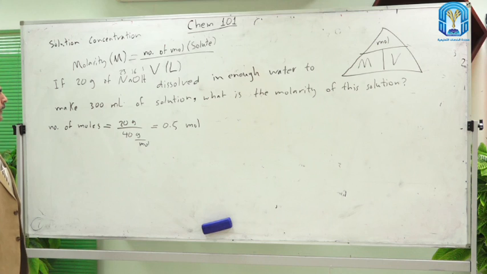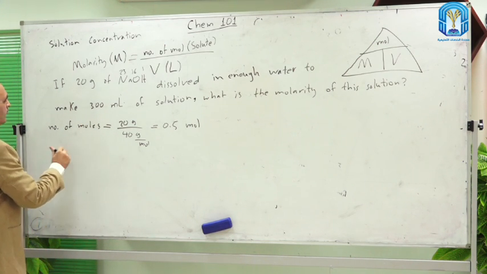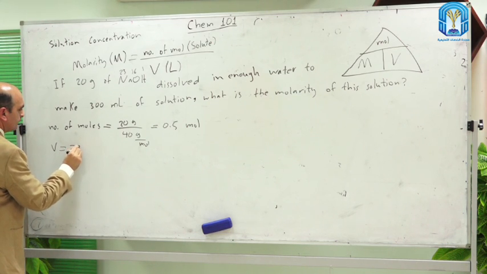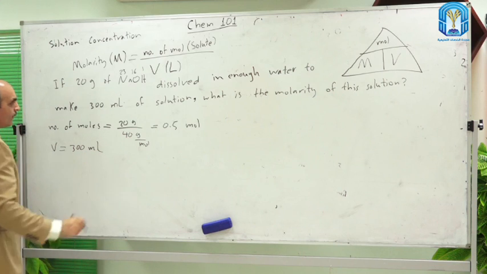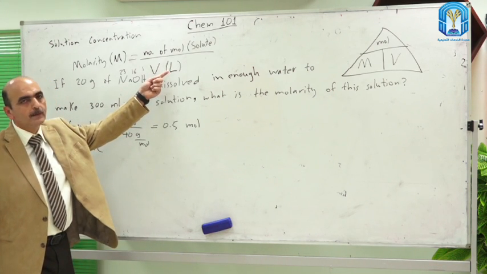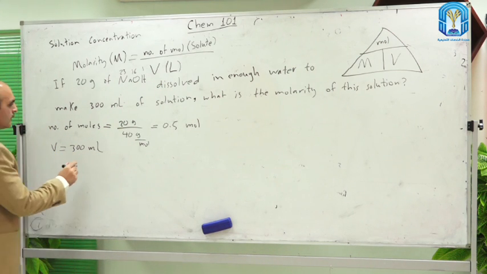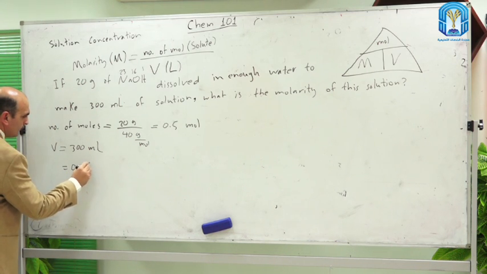Also, we have the volume of the solution, 300 milliliters. It must be given in liters. So we need to convert it to liters by dividing by 1000, and this is equal to 0.3 liters.